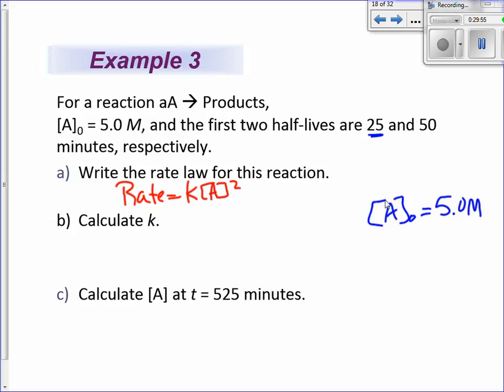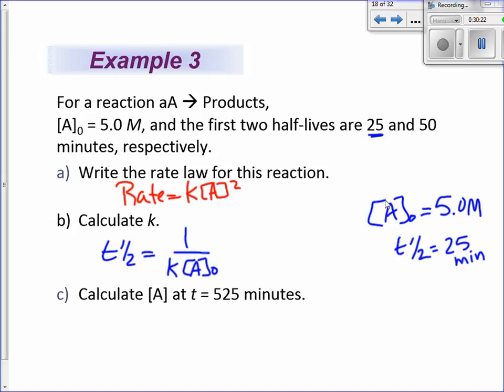The first half-life was 25 minutes. So what can you use there? The half-life equation to find K. Like so, and then all you have to do is plug in the values and solve and isolate K.